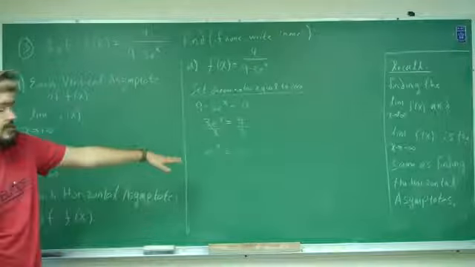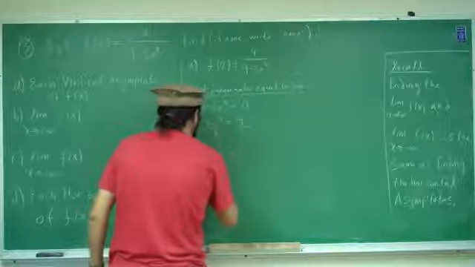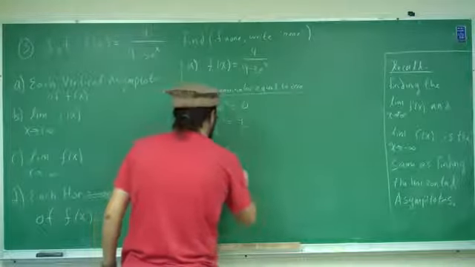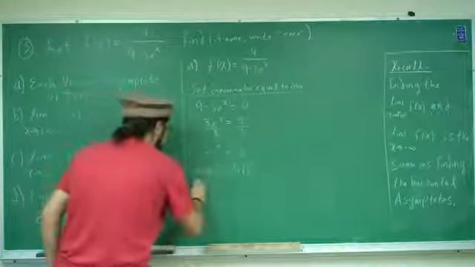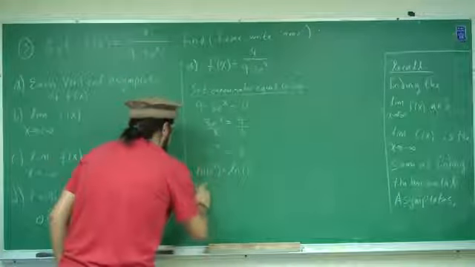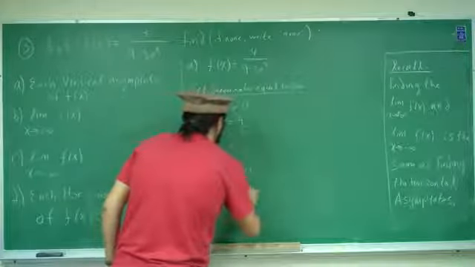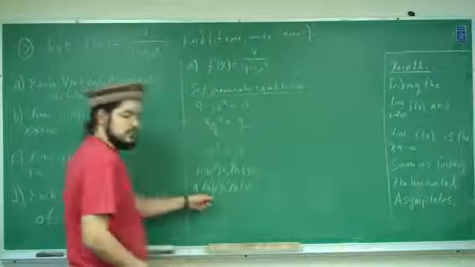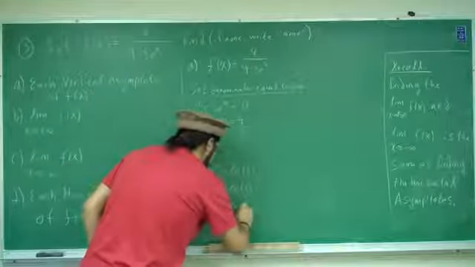In order to solve this for x, we must take ln of both sides. So ln e to the x is equal to ln of 3. We can bring the x down. We have x times ln of e equals ln of 3. But ln of e is 1, therefore x is equal to ln of 3.